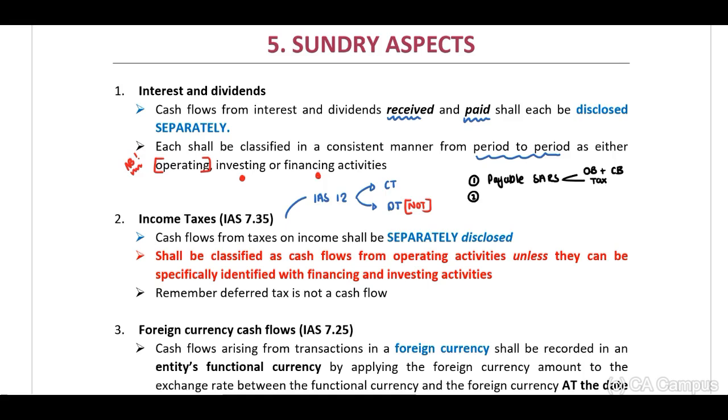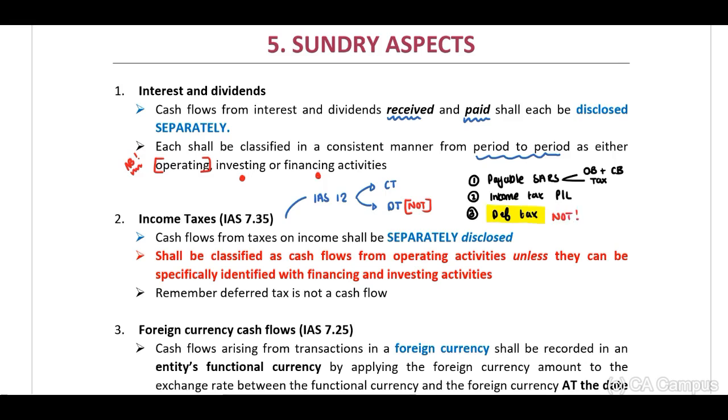Then you need to think about your income tax amount as per your profit and loss, and you need to identify your deferred tax movement. Now, it is important that you take out your deferred tax movement because your deferred tax is not a cash item.